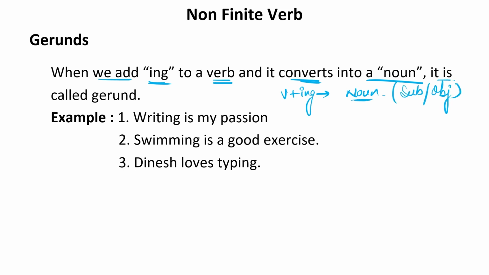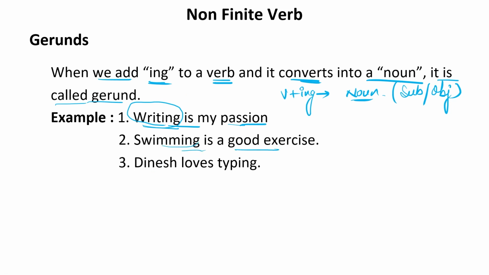It is called a gerund. For example, writing is my passion. I'm not writing anything, but this writing can be used as a profession, a passion or a hobby. So this is a noun, so this is a gerund. Swimming is a good exercise.